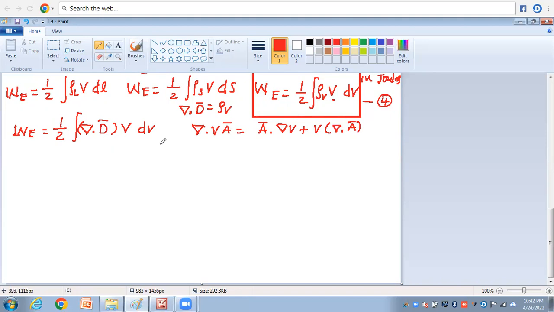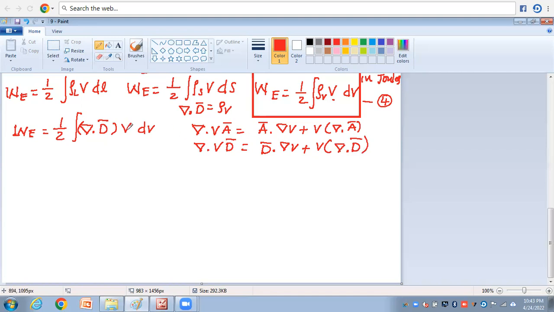I will extend to this expression. For example, del dot (V D bar) equals D bar dot del V plus V into del dot D bar.